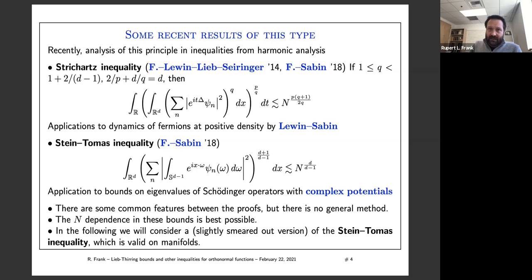But for instance, you might have heard about these endpoint Strichartz inequalities due to Keel and Tao, right? And the analogs of these inequalities are not valid in the many function settings.